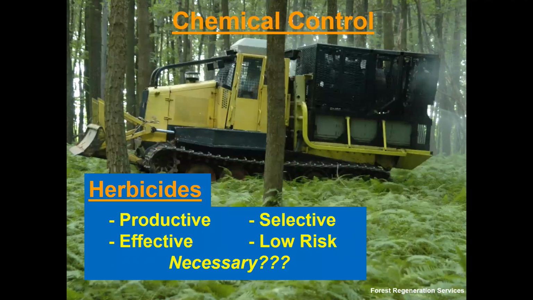So we know how to control these things. Selective, we can look at selective application methods as well as selective products. So the next thing I'm going to show you is how these herbicides are applied. And some of them are very selective in that they're going directly into the stem that we're trying to control.